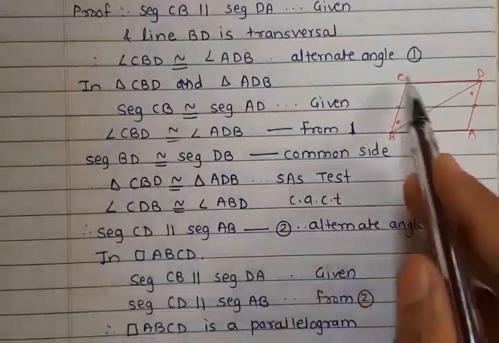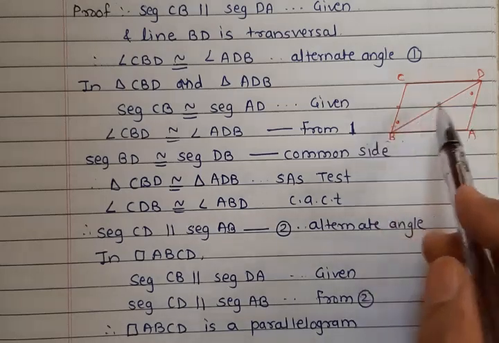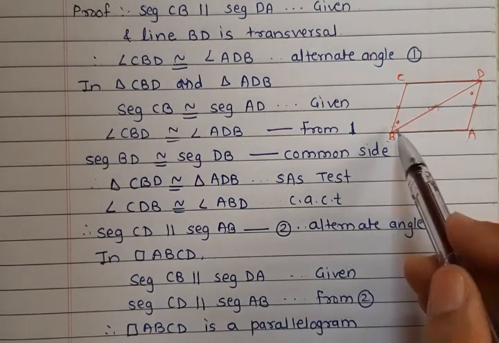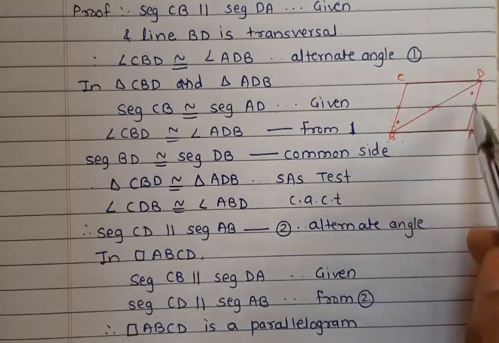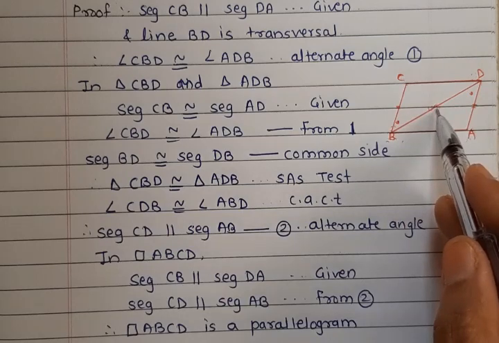Angle CBD is congruent to angle ADB, that we proved. And BD is congruent to BD, it is a common segment. So triangle CBD is congruent to triangle ADB according to the side angle side test.